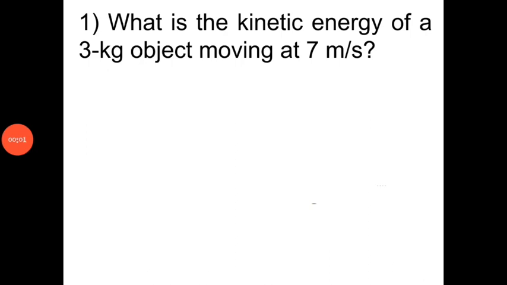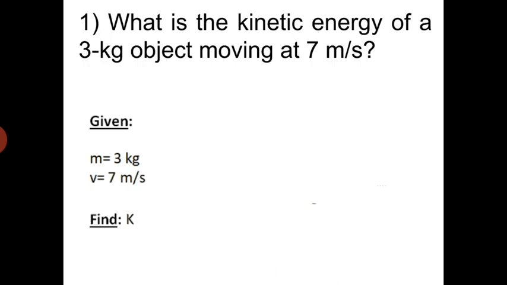Now for your exercises on page 19, you have problem number 1. What is the kinetic energy of a 3 kilogram object moving at 7 meters per second? So let's identify the given. We have the mass of 3 kilograms, the speed of 7 meters per second, and we are looking for the kinetic energy. In your solution, always start by writing the formula.